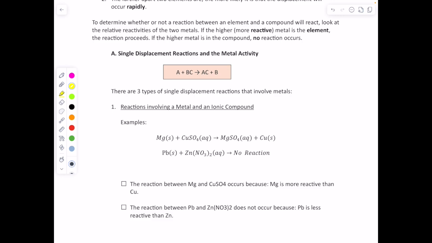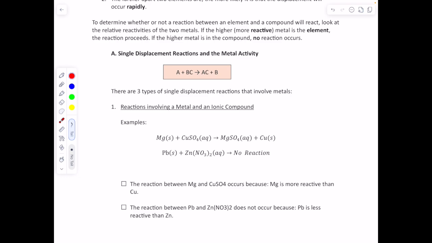The general form for a single displacement reaction is A plus BC produces AC plus B. So what happened in this example is the element A, if it's higher in the reactivity series, will displace B, forming a compound with C. So B is displaced and left on its own.